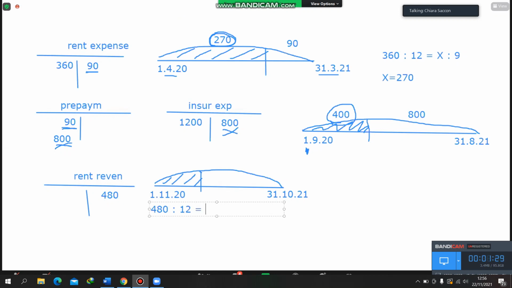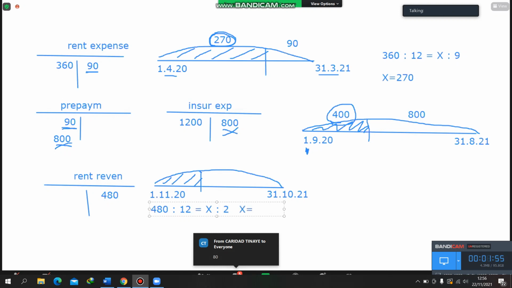And so we see what is the amount related to how many months? We see the part starting November, December, so 2 months. So 480 times 2 divided by 12, how much is it?